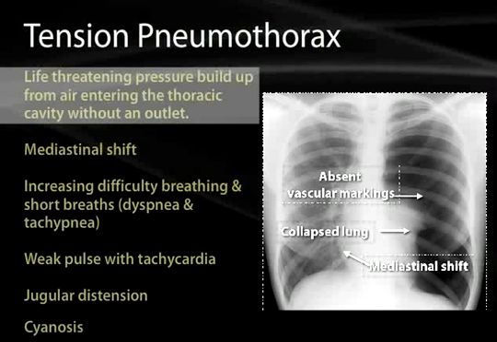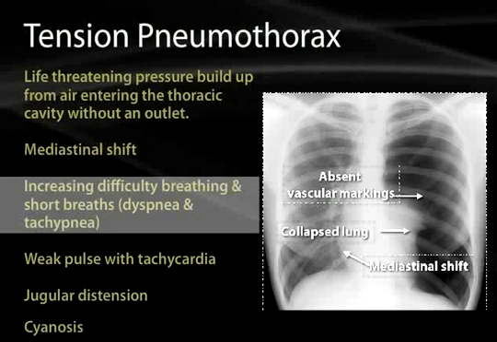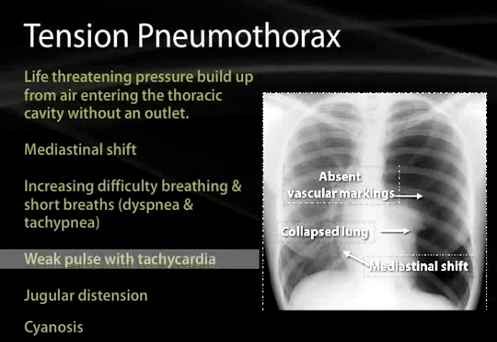As you can understand, this is going to have deleterious effects for their survival if it's not dealt with. This is known as a tension pneumothorax, and the tension comes from that air cavity which is bringing in air but not allowed to release the air, which is pushing all of the other structures to the uninjured side.